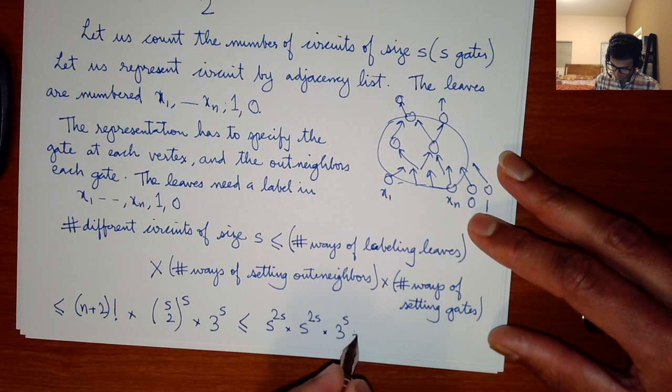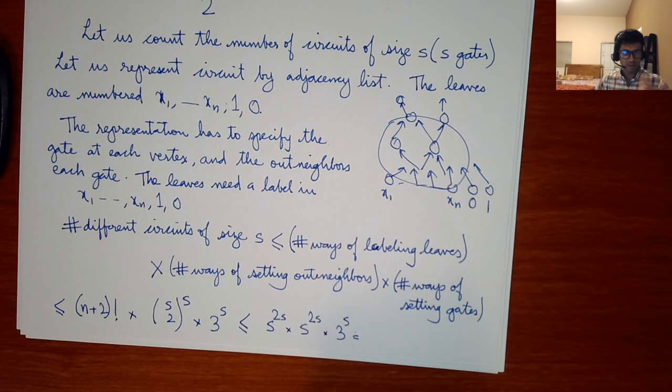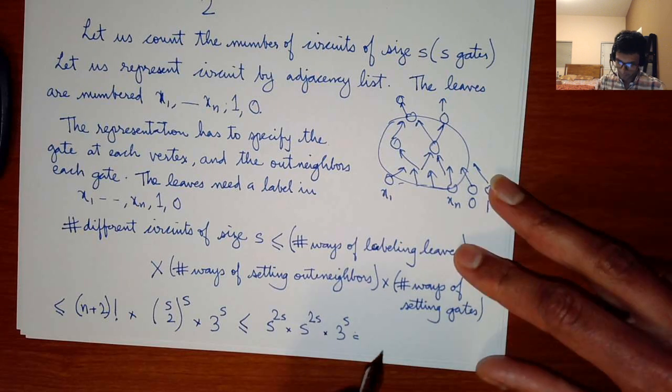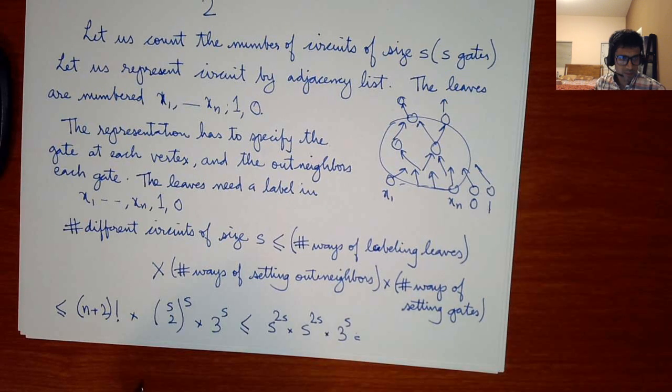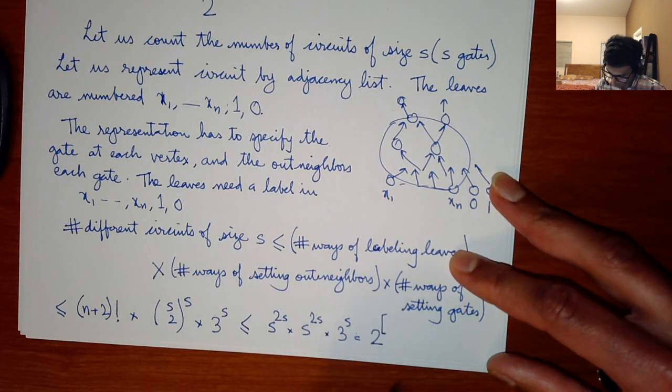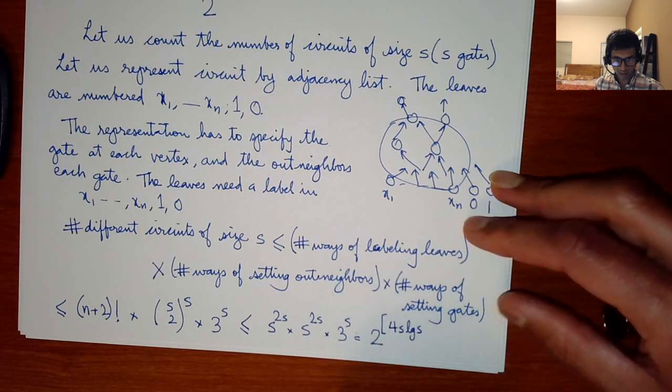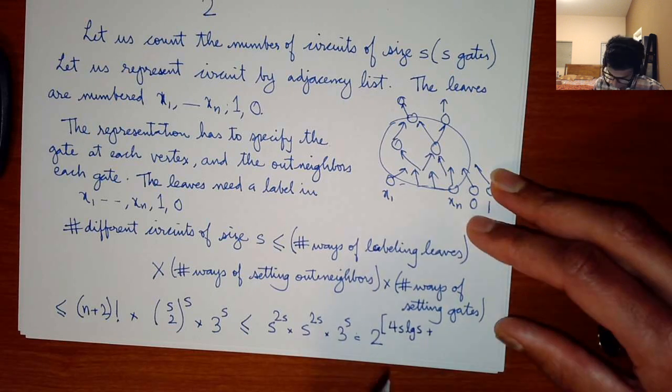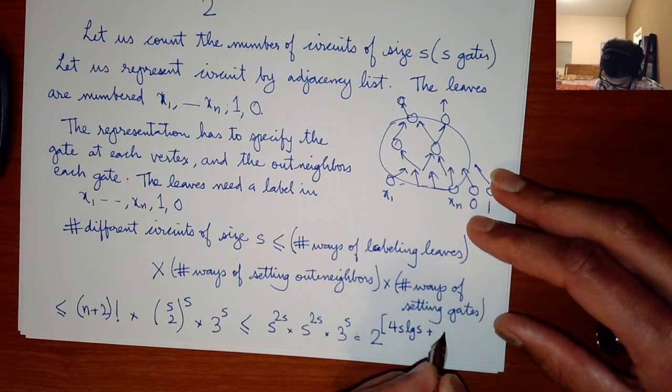Right? So I'm just going to write, taking logs and everything, I can just write this essentially as, okay, let me write it a bit carefully. I'll say this is 2 to the power 4S log S, taking log base 2, plus S log 3.